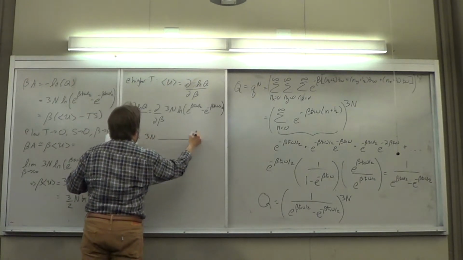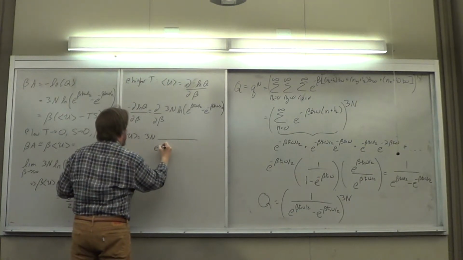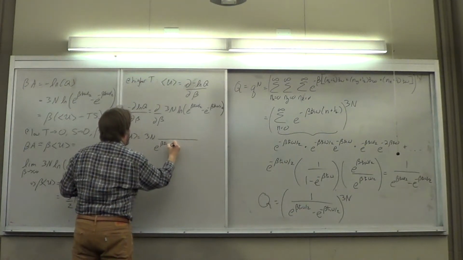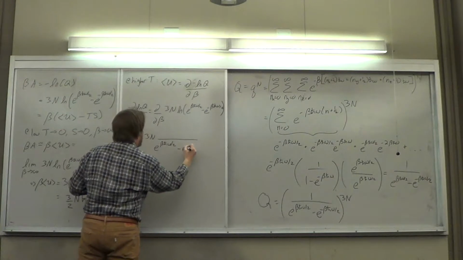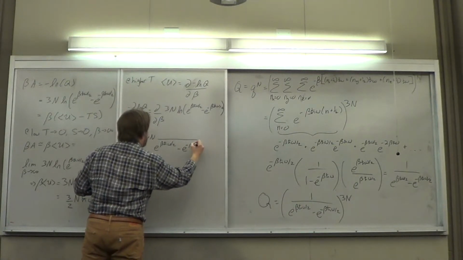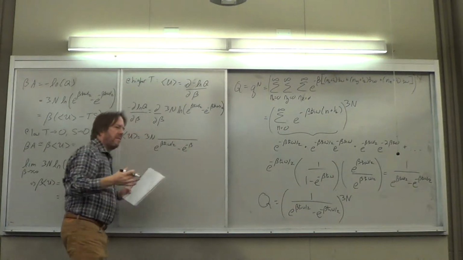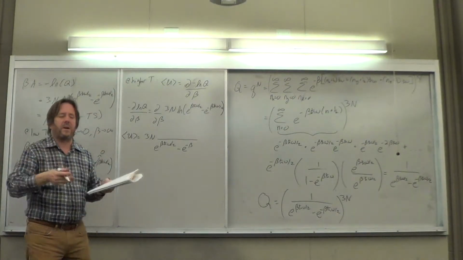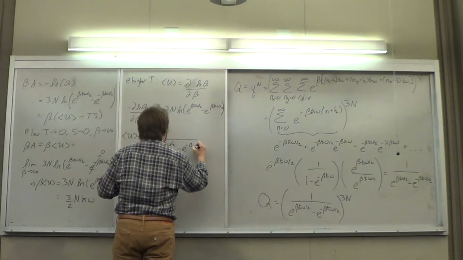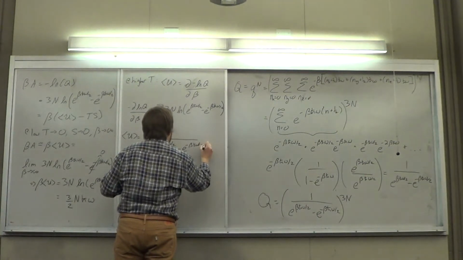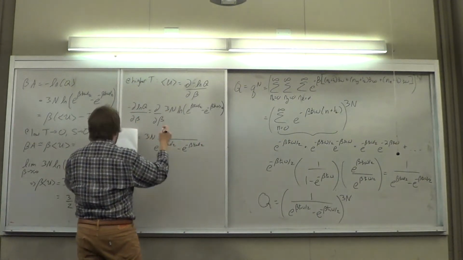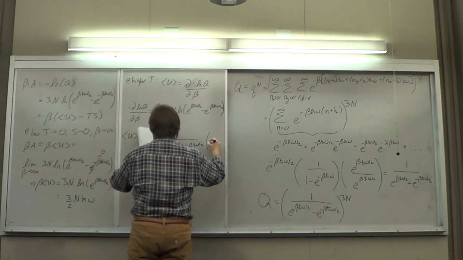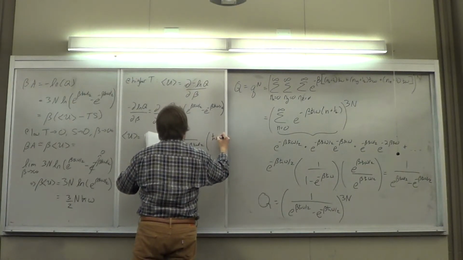When I'm doing the derivative of the natural log of a function, it's 1 over the function times its derivative. So here's 1 over the function, and then we take the derivative of the top side, which will bring down the argument, hw over 2.